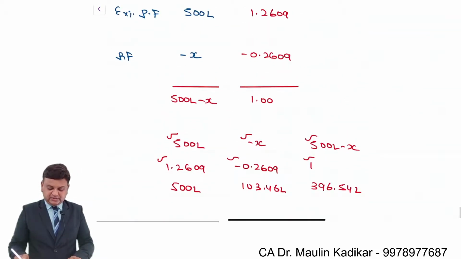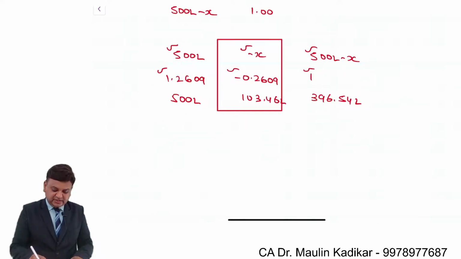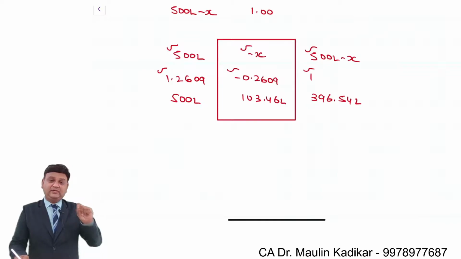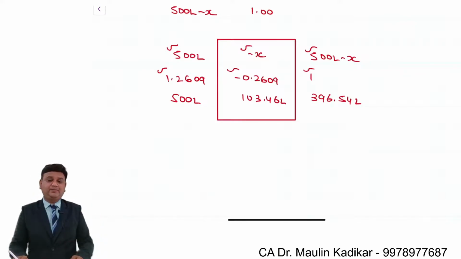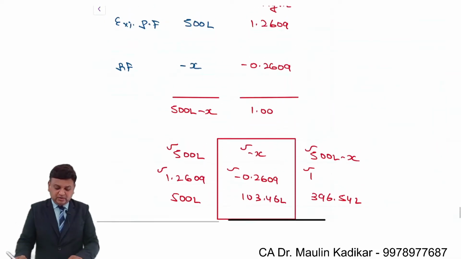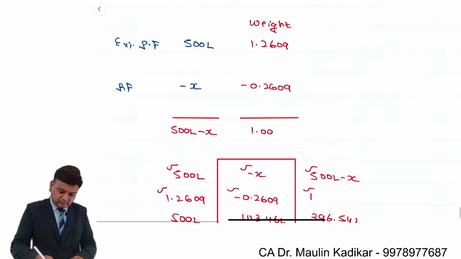So what will happen, friends? An amount equal to 103.46 lakhs, that amount of the investment you will sell from your existing portfolio, the same amount you will borrow and you will invest in the existing portfolio. And this amount that you borrow will be at the rate of RF. That is what we understand. So now you keep again the beta.